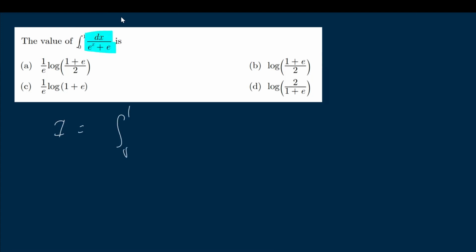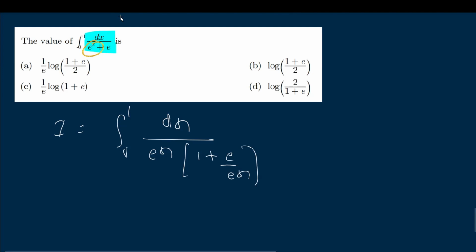So dividing it, we get 1 in the numerator, and this will become e over e raised to the power x.